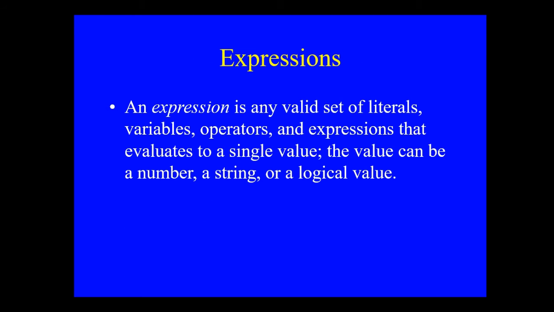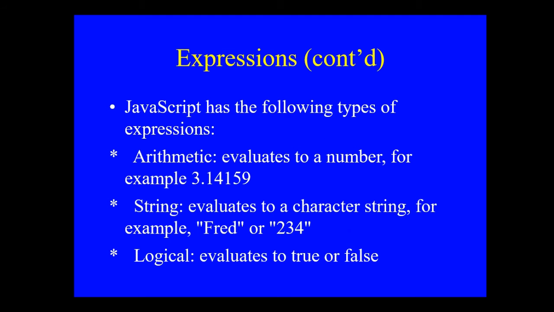Expressions. An expression is any valid set of literals, variables, operators, and expressions that evaluates to a single value. The value can be a number, a string, or a logical value. Expressions continuation.